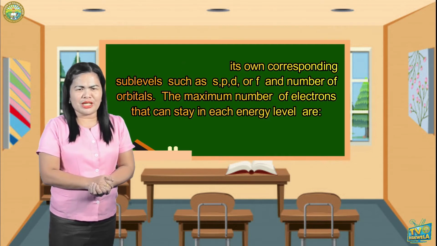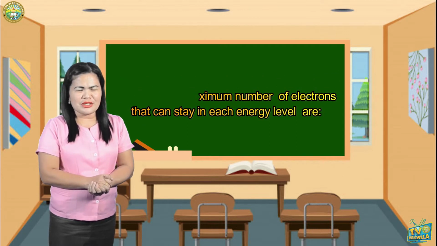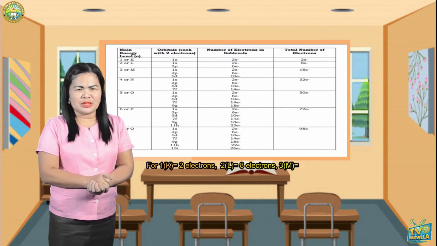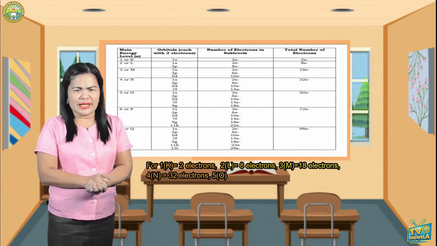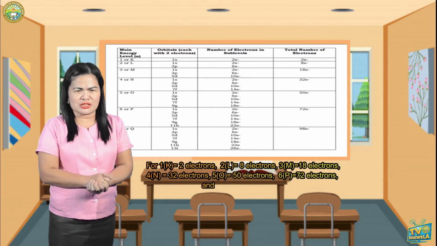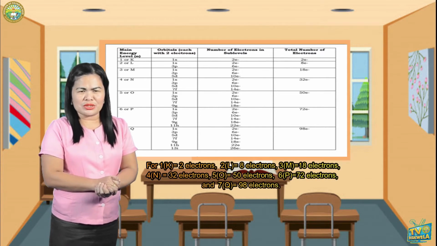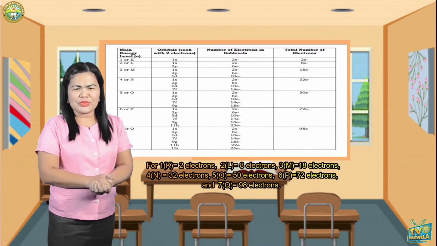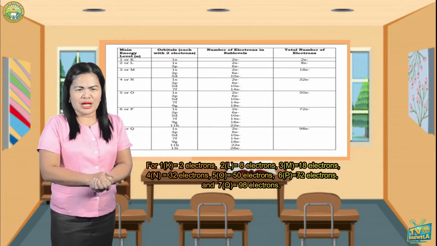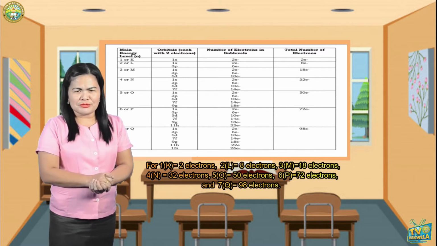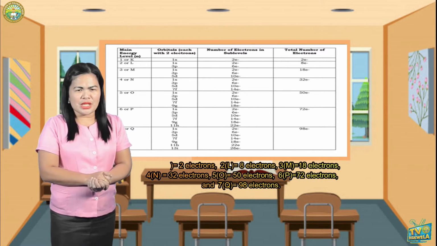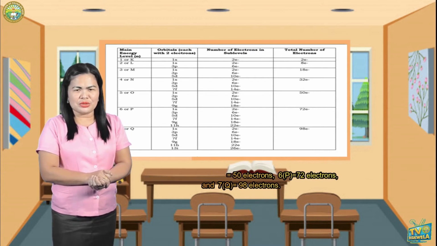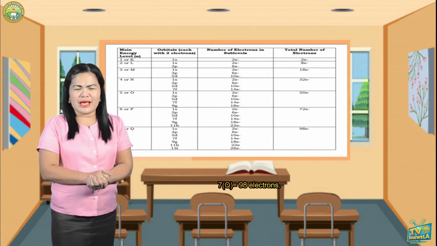The maximum number of electrons that can stay in each energy level are: 1 or K is equal to 2 electrons, 2 or L is equal to 8 electrons, 3 or M is equal to 18 electrons, 4 or N is equal to 32 electrons, 5 or O is equal to 50 electrons, 6 or P is equal to 72 electrons, and 7 or Q is equal to 98 electrons.